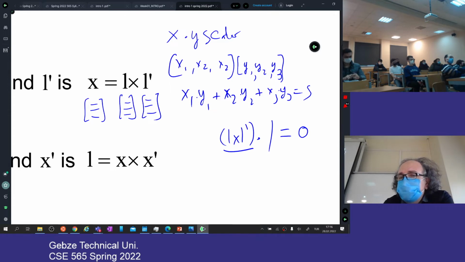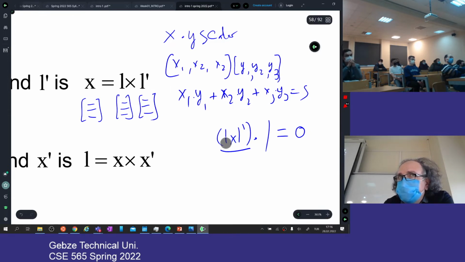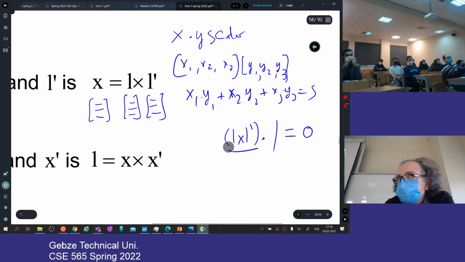Why? Because L cross product L prime produces another vector that is perpendicular to both of them, right?